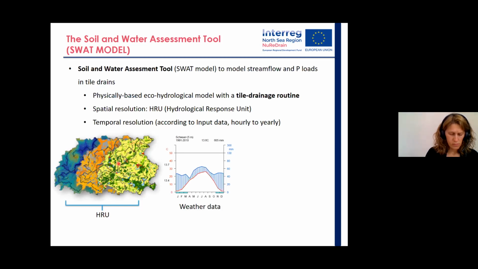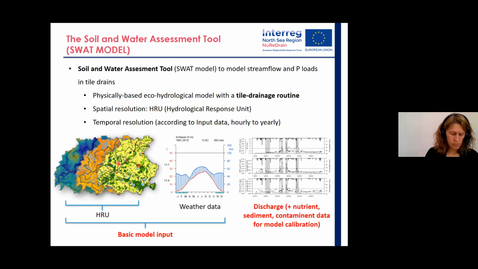Together with the weather data in the target temporal resolution, they form the basic model input. And we can, of course, choose the variables of interest to calibrate the model to. So this can be discharge and, of course, nutrient, sediment, or contaminant data.